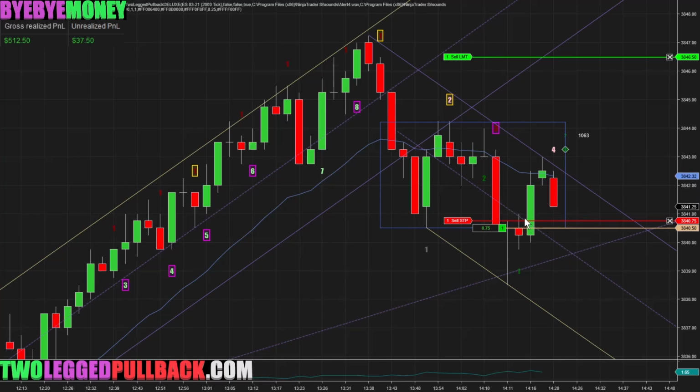Yeah, Al Brooks will say this is a gap. The gap needs to be filled. One more tick down to fill the gap. Gap is filled. The low of this bar and the high of this bar have touched. Now the gap is filled.